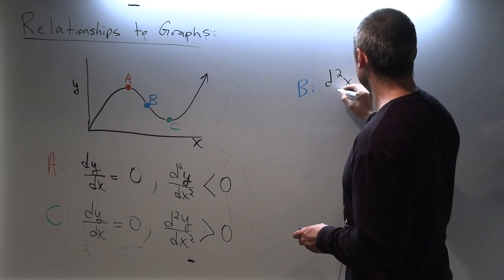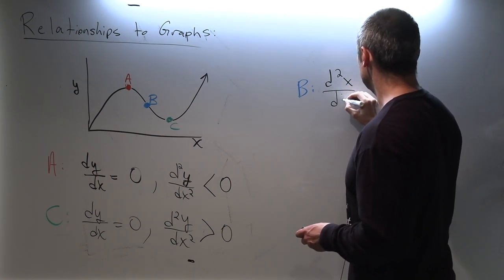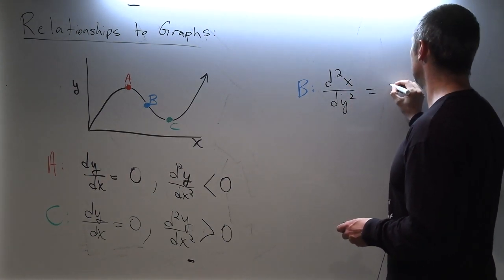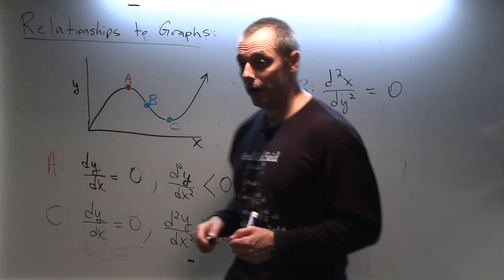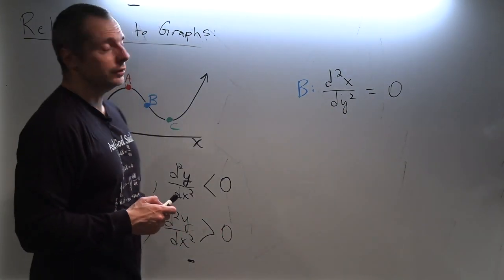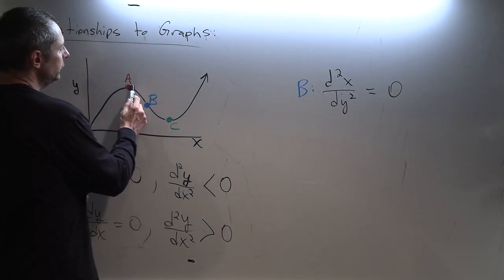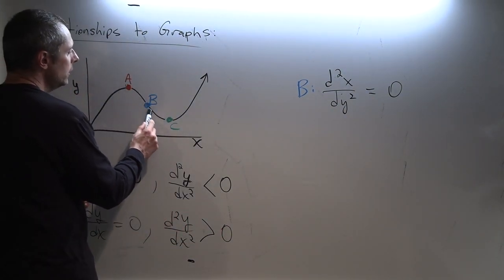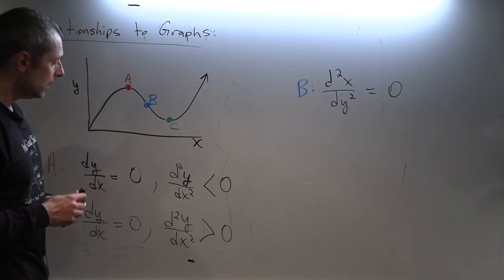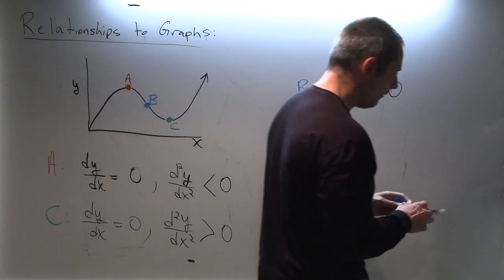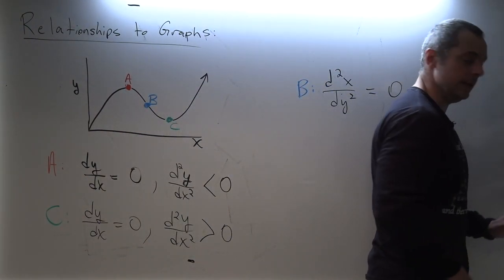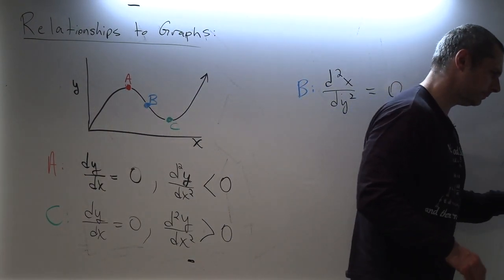But the important thing here is that the second derivative is 0. That's what we call an inflection point. Inflection: the point at which the function changes from concave down to concave up. So this is some of the information you can find out about a graph from its derivatives.